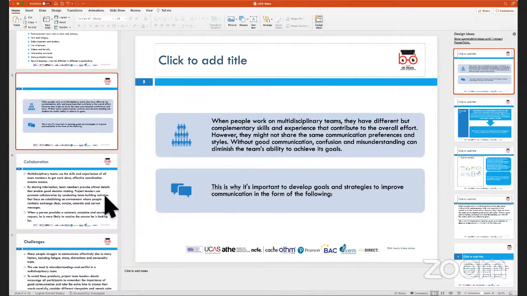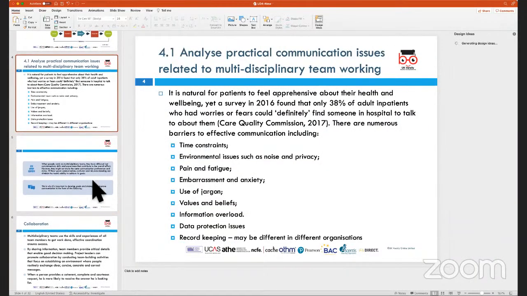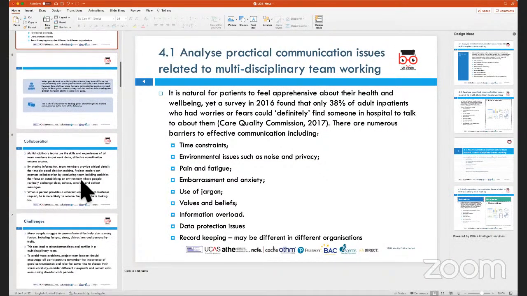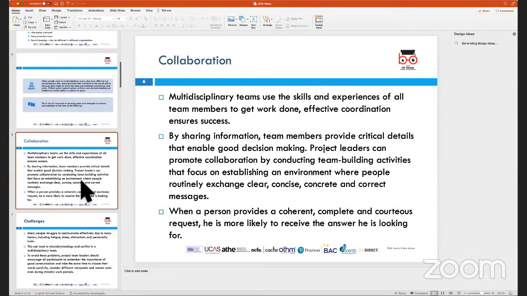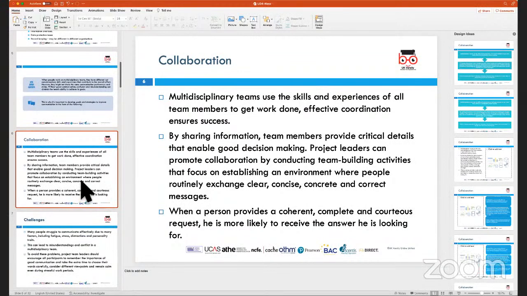Now, if we look at the issues we discussed, time constraints, environmental issues, and put them into the context of multidisciplinary teams, some of the communication issues can arise because of collaboration issues. That means teams are not working effectively together.